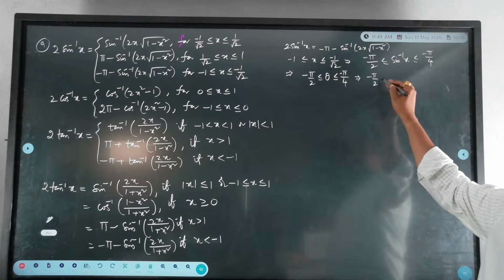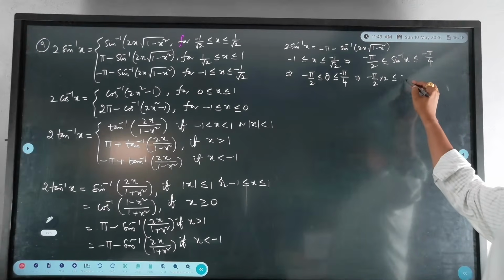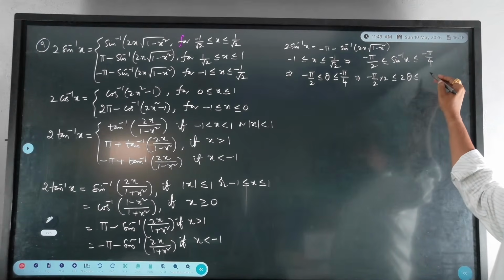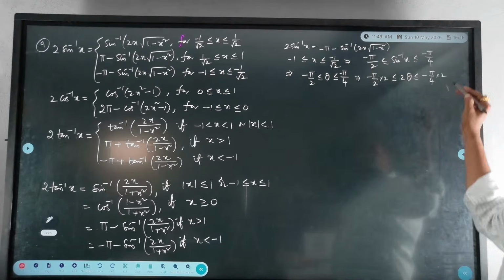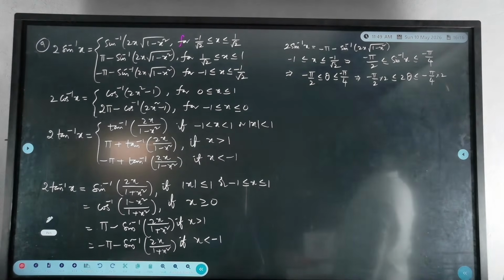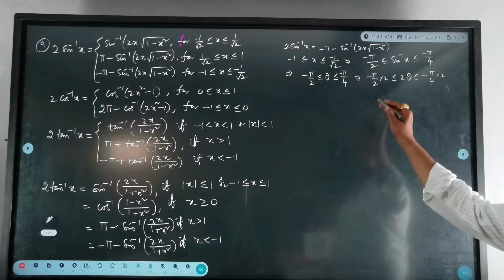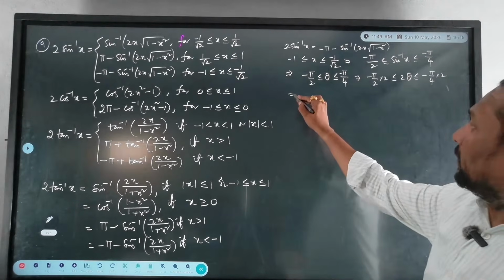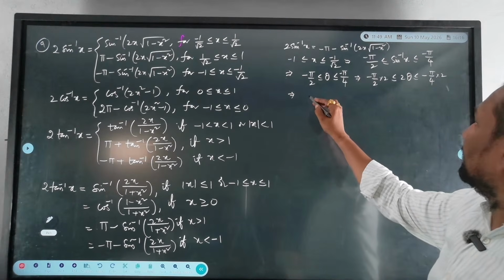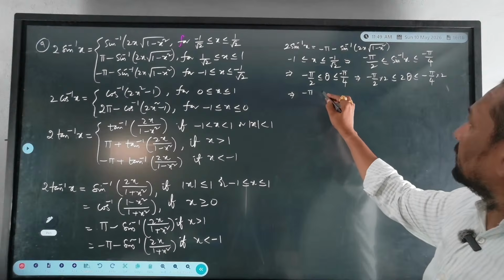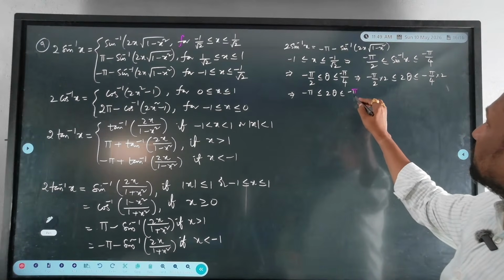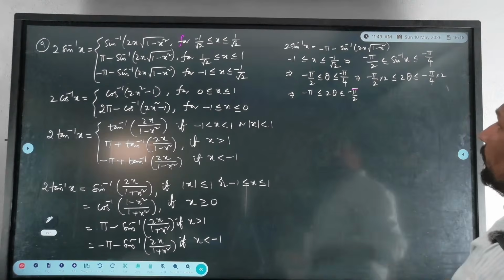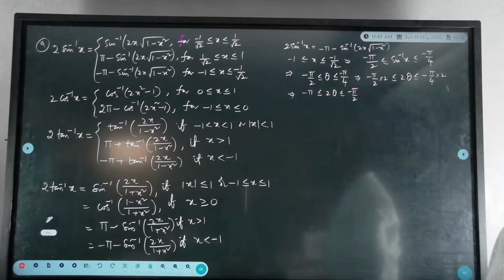Minus pi by 2 times 2 less than or equal to 2 theta less than or equal to minus pi by 4 times 2. Got it? That implies minus pi less than or equal to 2 theta less than or equal to minus pi by 2, but sine must lie between minus pi and pi.